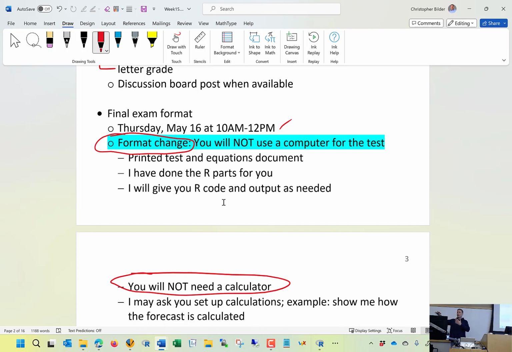You write out the formula based upon the information that's given to you in the output, and that's your final answer, where you don't need to do a final numerical answer. So it should be clear during the test when you would need to do something like that. You will not need to use a calculator or do any actual formal calculations on the test.